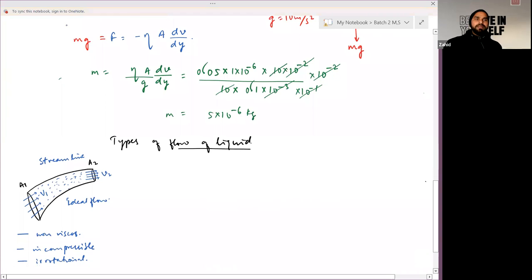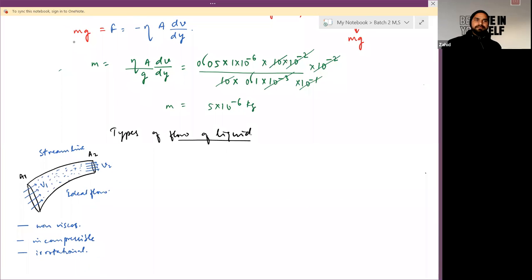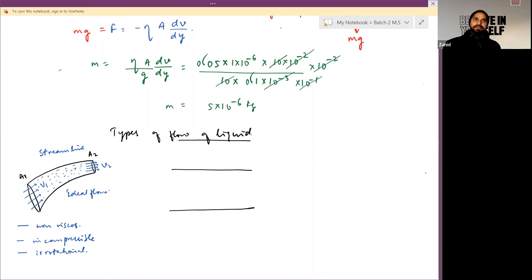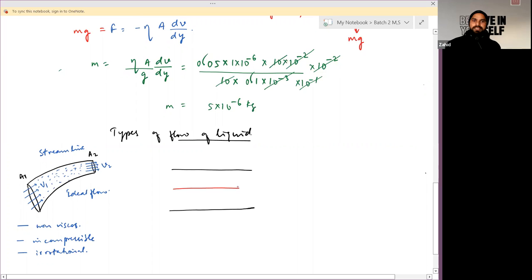Next, suppose there is a tube in which the centralmost layer will move with maximum velocity as it will experience the least viscous force, and all of its adjacent layers will be experiencing opposition force due to the consecutive layer, as well as from the side wall also.